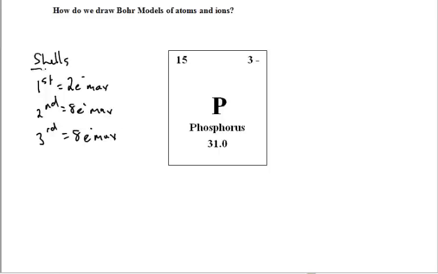Then we have to know how to interpret the element box from a periodic table. So here we have the atomic number, which equals the number of protons.